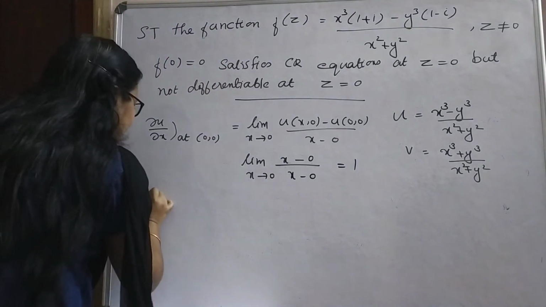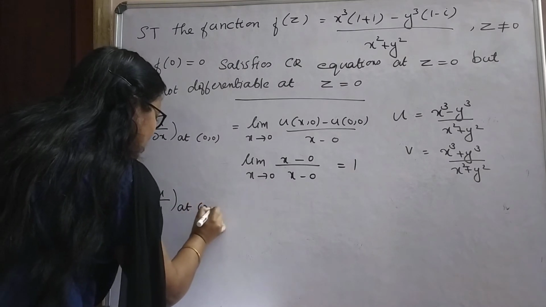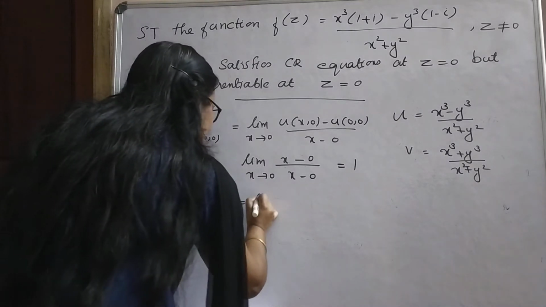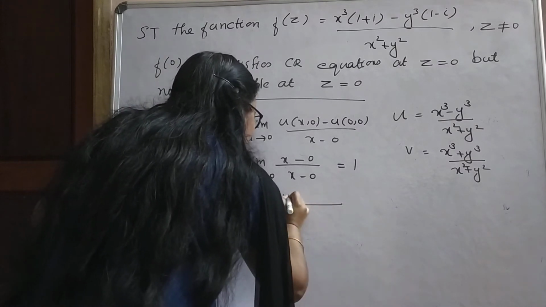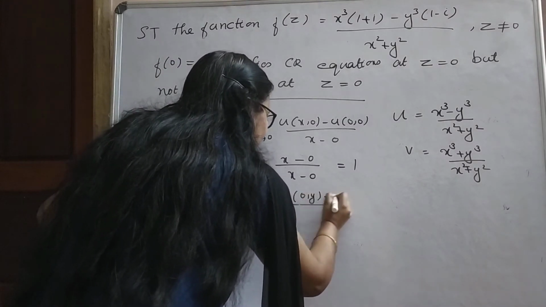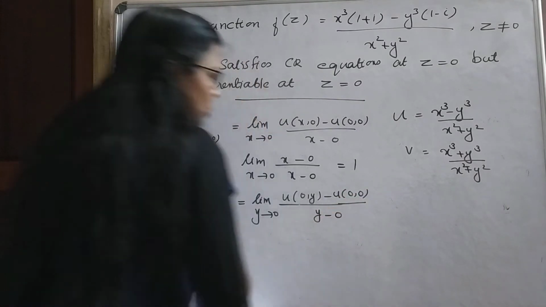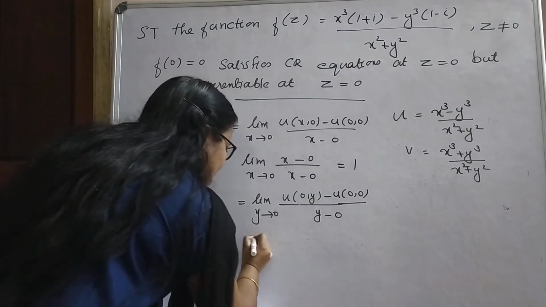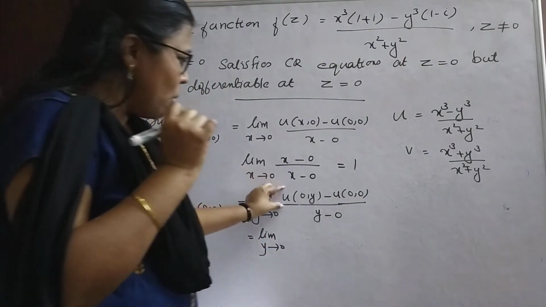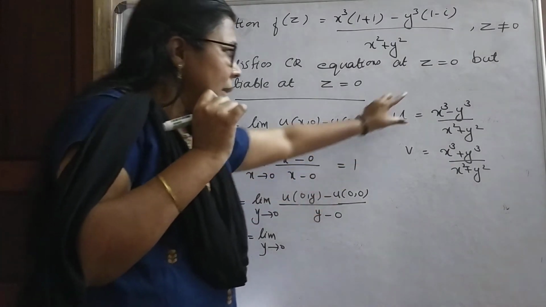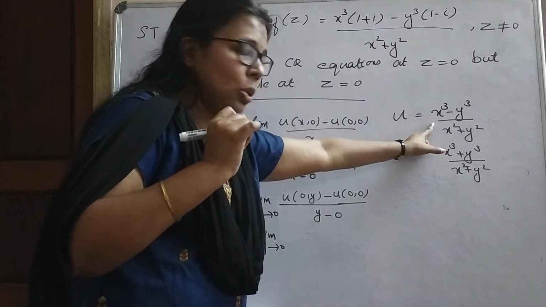Now we have to find ∂u/∂y at (0, 0). The formula for it is limit y tending to 0, [u(0, y) − u(0, 0)] / (y − 0). u(0, y) is, in u put y as y and x as 0.